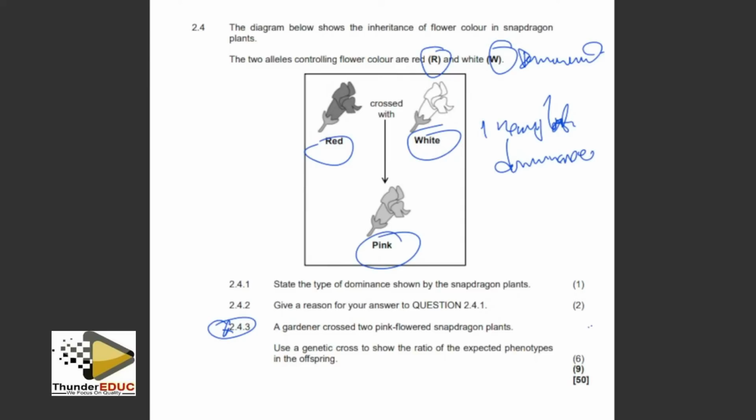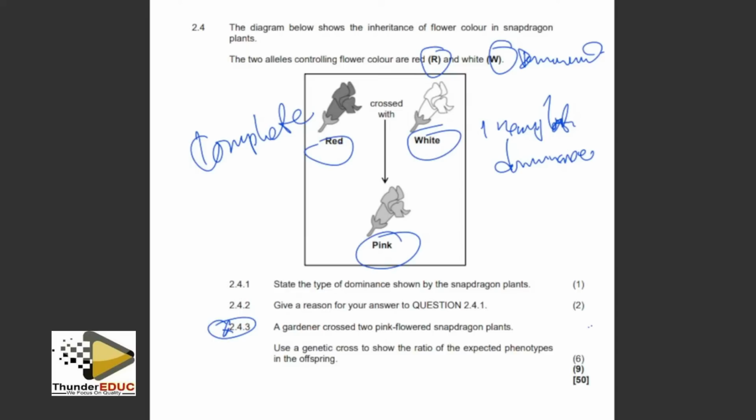A. The question is here. State the type of dominancy shown in the Snapdragon plant. Here is the incomplete dominancy. Give a reason for your answer, because a third phenotype is given or an intermediate is given. Now, if it was complete, I would have had red and white, and I would produce either red or white, depending on which one is dominant.